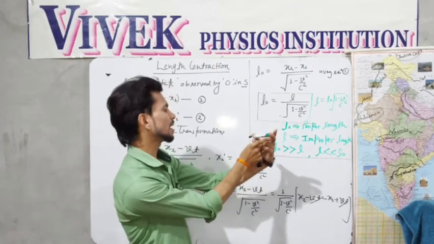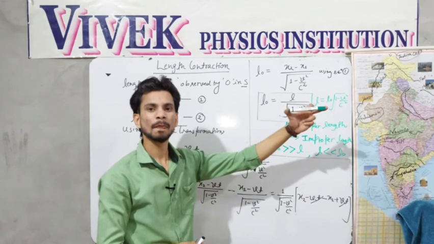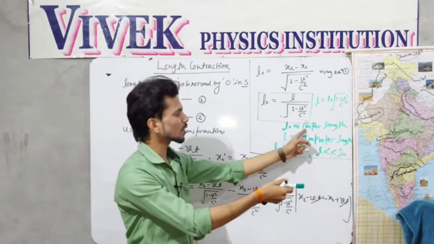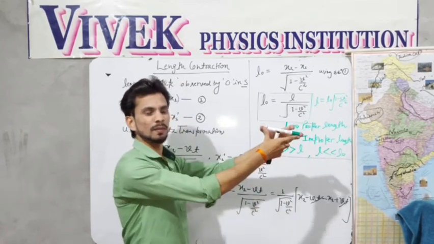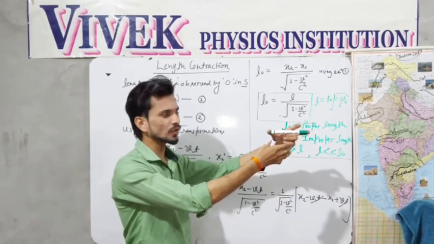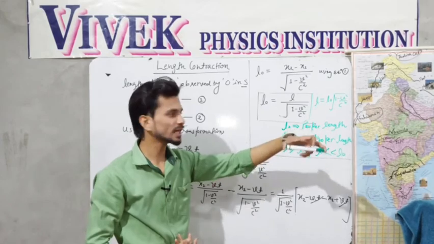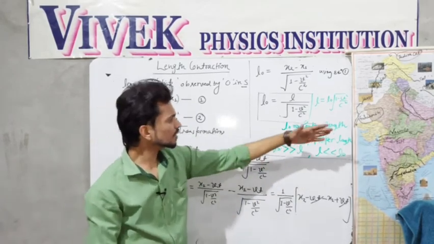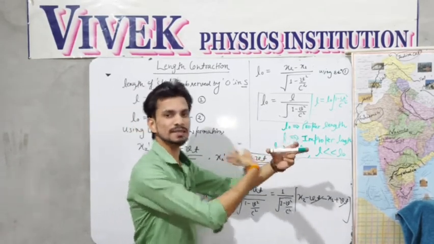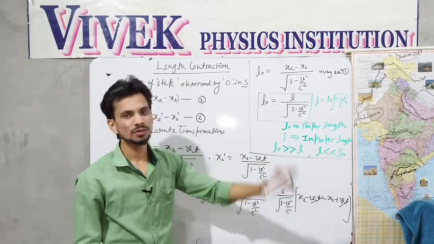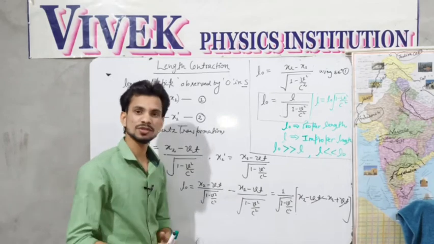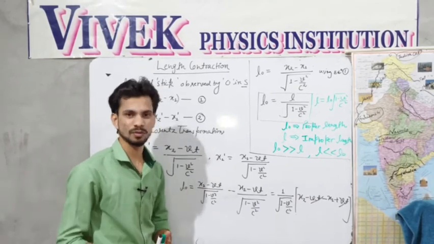Let's say its length is approximately 6 inches or 12 centimeters. This 12 centimeter proper length L naught will appear to me contracted to approximately 11 centimeters or 10 centimeters, depending upon the velocity of the frame of reference in which the marker is moving. So this is the length contraction, derived using the Lorentz transformation.